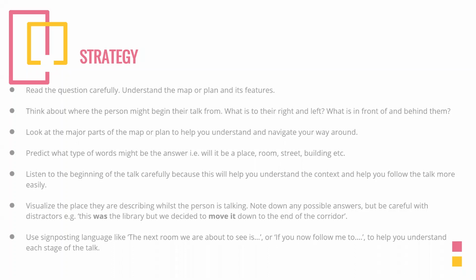All right, clear? So now let's have a look at a sample map, so that you can have a clear idea whether you are able to use this strategy or not, right?